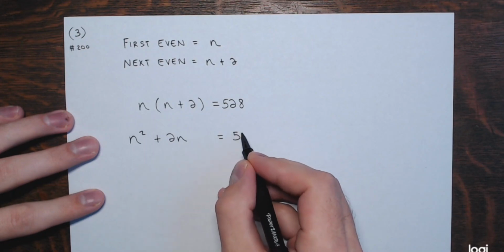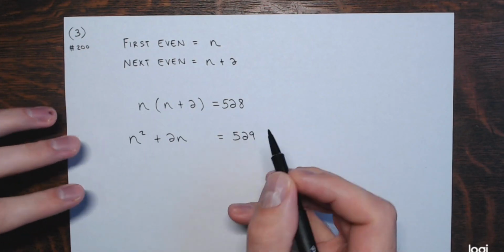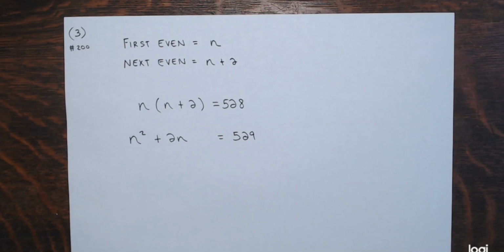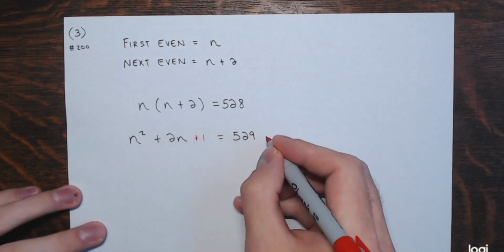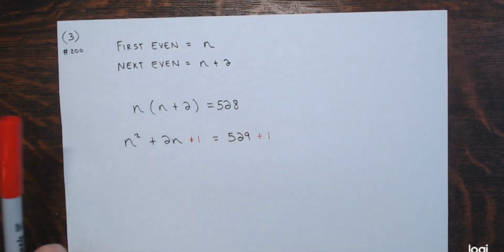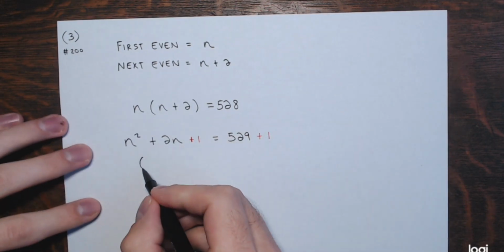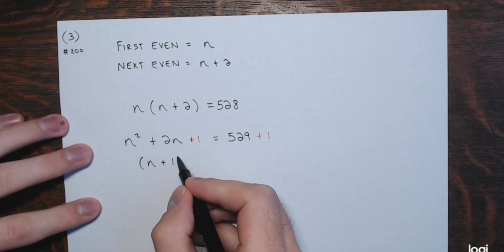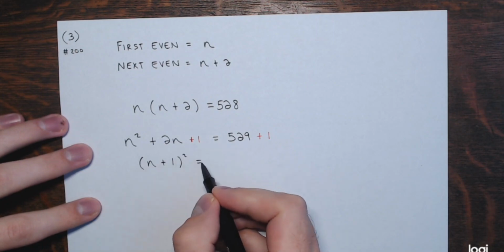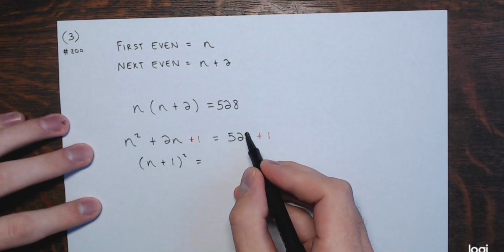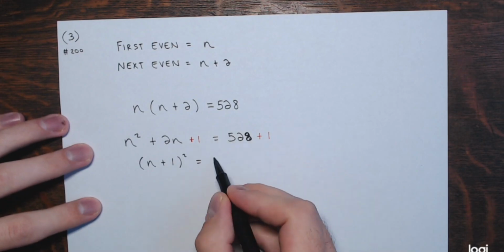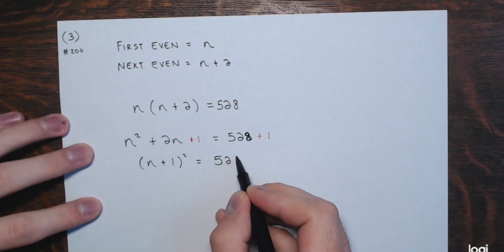However you want to solve a quadratic, you should know how to solve quadratic equations by now. And then I'd be adding 1 to both sides to complete the square on n squared plus 2n. So again, this left side is n plus 1, that quantity squared, equals 528, but then plus 1 would be 529.